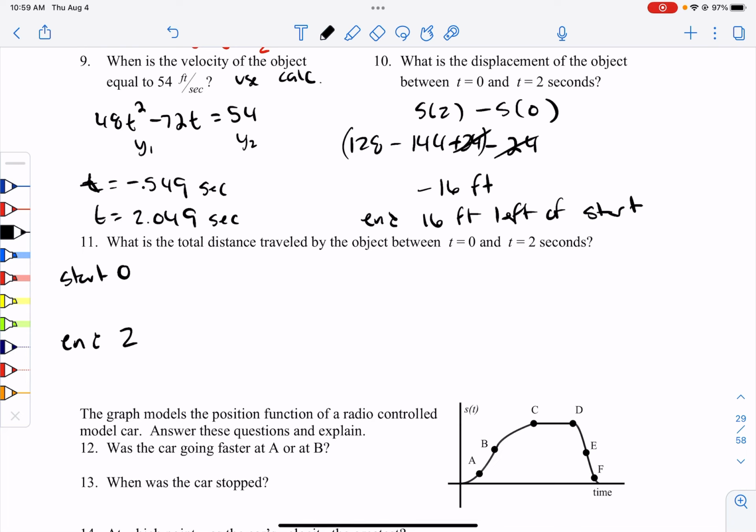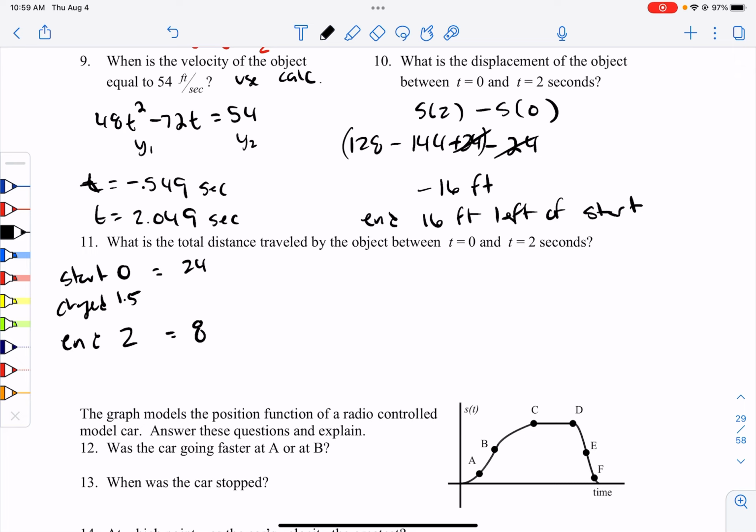But in the middle, I change directions at 1.5. I change directions in the middle, okay? So I know my starting point was 24. If I moved 16 feet to the left, that means my ending point is 8, right?